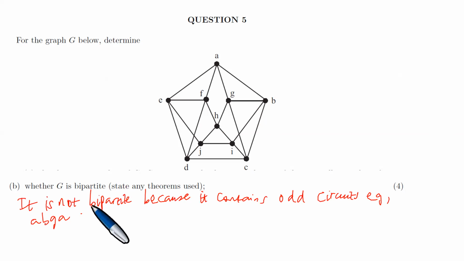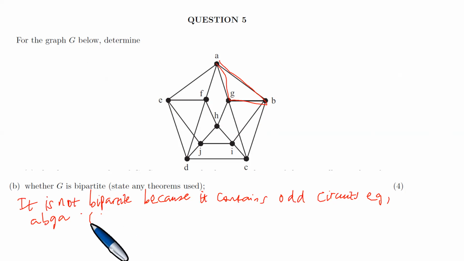Let's look at that one. It's not bipartite because it contains odd circuits. If you look at A, B, G, A, it has some triangles, right, which are odd circuits or circuits of odd length.